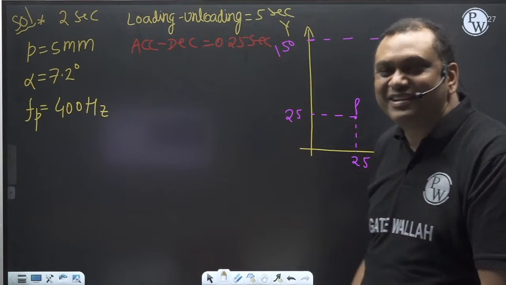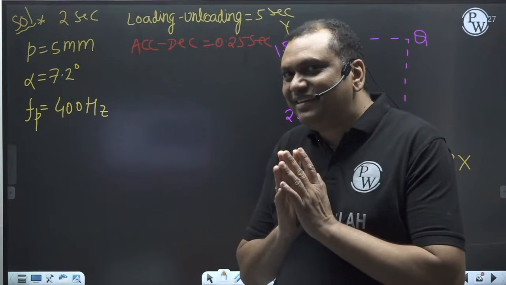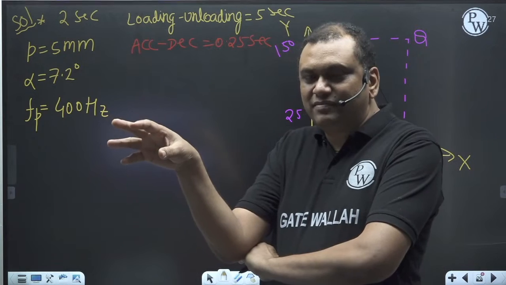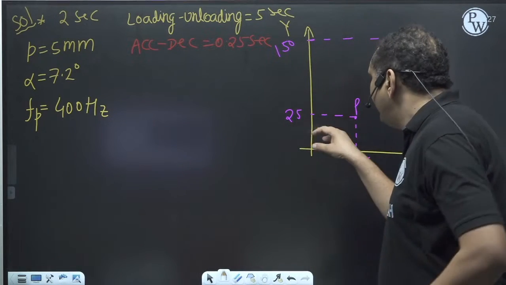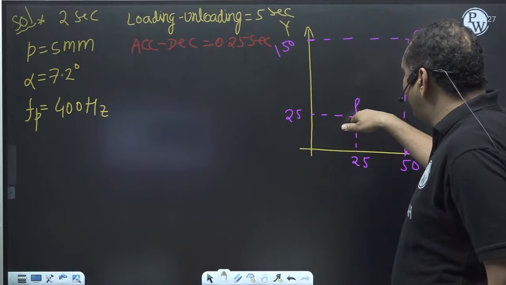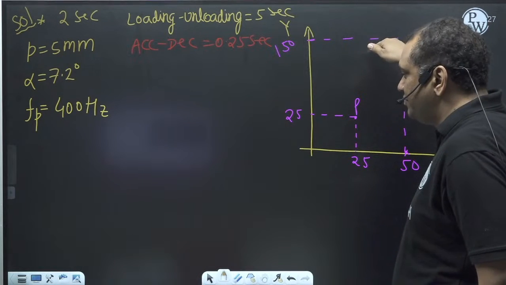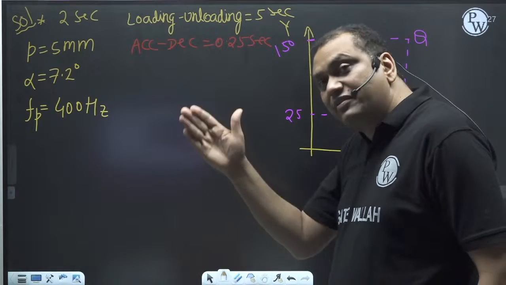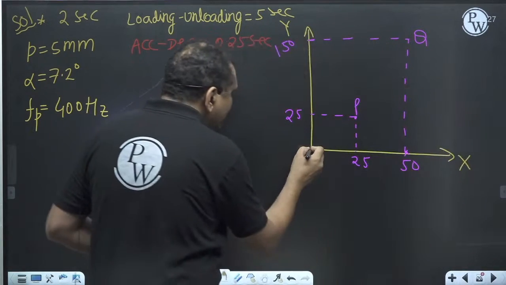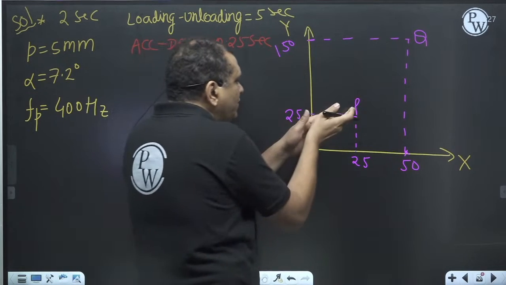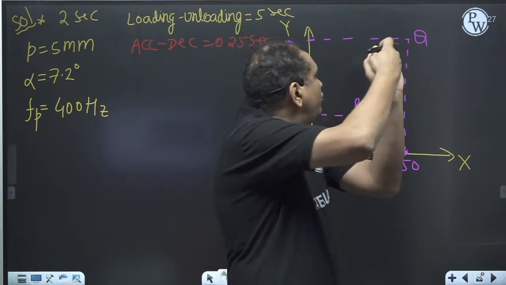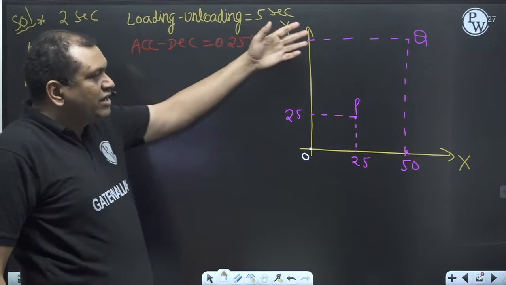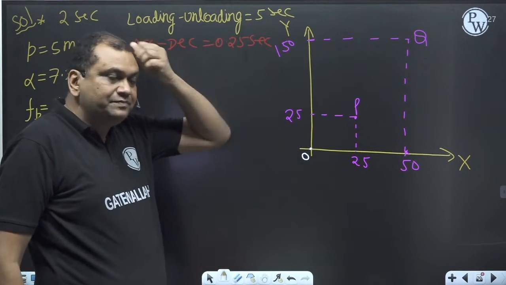I will explain to you what this is. We have 2 printed circuit boards, and one robo arm has to put components into the P location and Q location. The robo arm is controlled by 2 stepper motors, X and Y direction. So it originates from here, goes to P, fixes it, goes to Q, fixes it, and comes back to O. Loading, unloading time is 5 seconds.